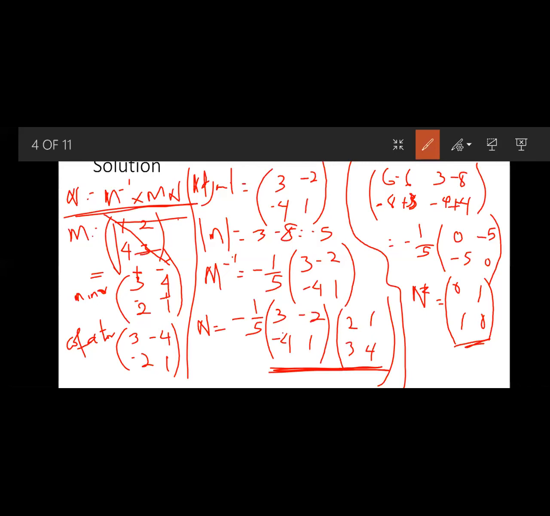Yes, you multiply minus 1/5, so the first one will be minus 3/5, the next one will be 2/5, the next one will be 4/5, and then minus 1/5. You are going to get the same thing if you do that. It's very correct. You'll get the same answer. So that is the solution to that one. I hope it's very clear.